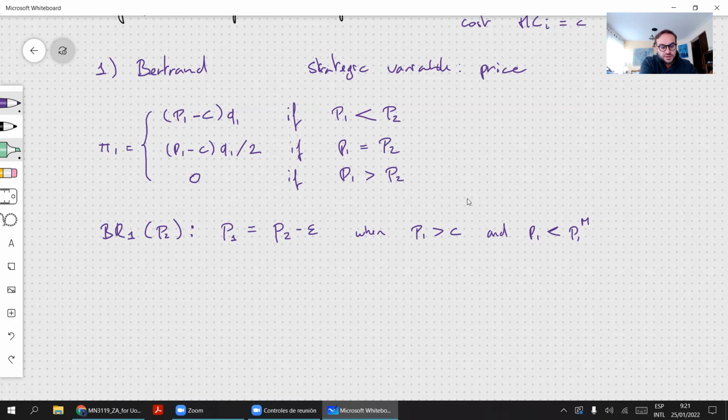I am the monopolist. I have no competition, no threat of competition. So in the best circumstances possible, there is a price that is optimal for the monopoly. And this price is obviously an upper bound. It's the highest price that I can take. If I ask for a higher price than that, then I'm reducing demand too much compared to the margin that I'm getting per unit sold. Is that clear?